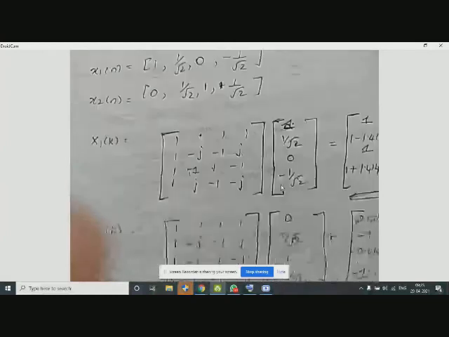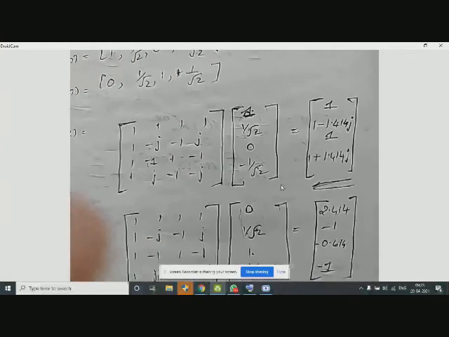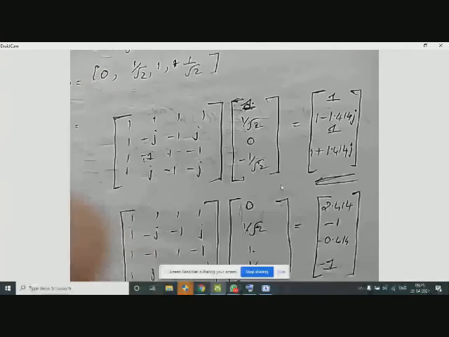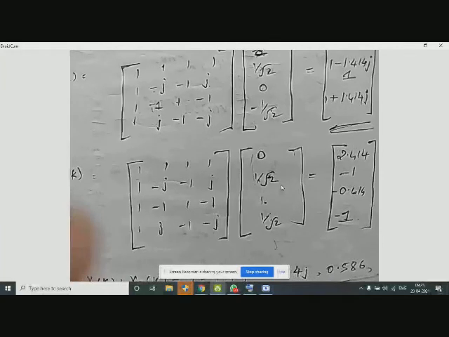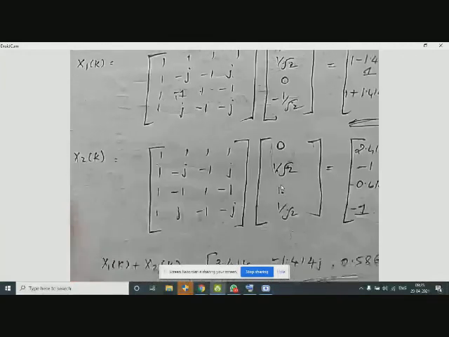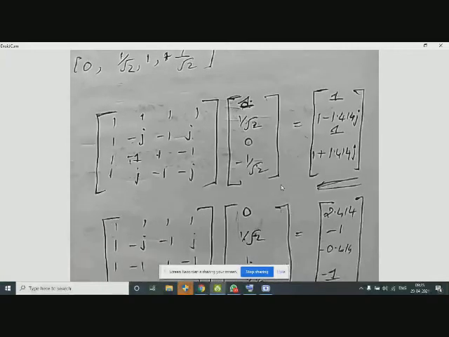It's not there. So what I am telling is the DFT of this, see 1 minus 1.414j, 1 plus 1.414j. See this, 2.414, minus 1. Here in the second DFT, there is no imaginary term. Here there is an imaginary term.